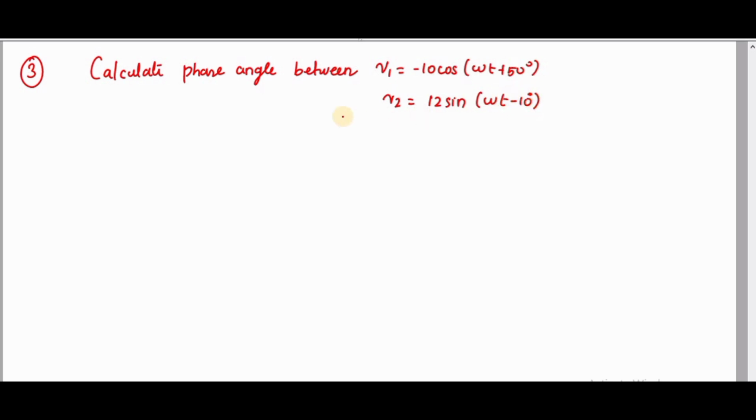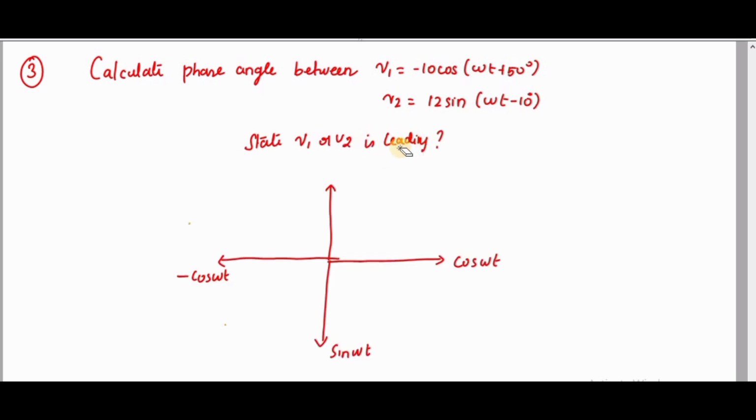State which one is leading, V1 or V2. So this is your question.